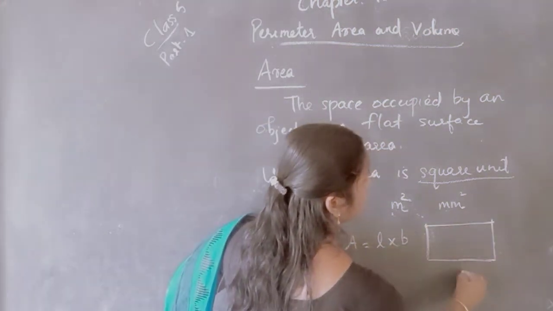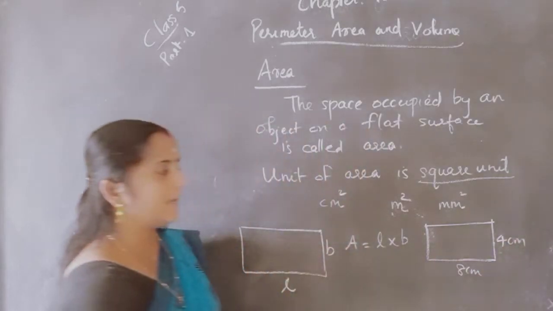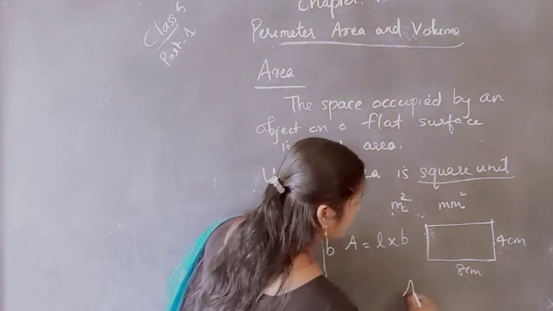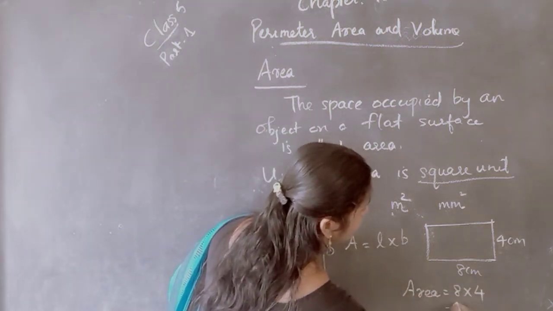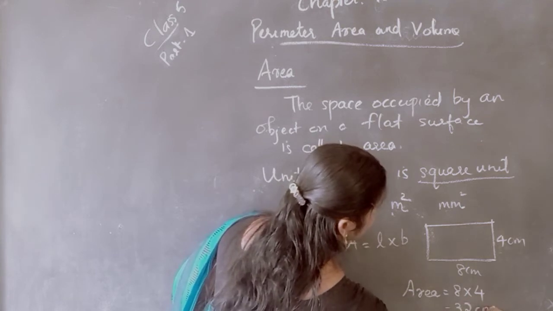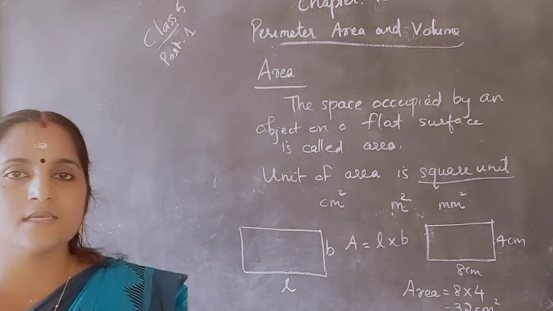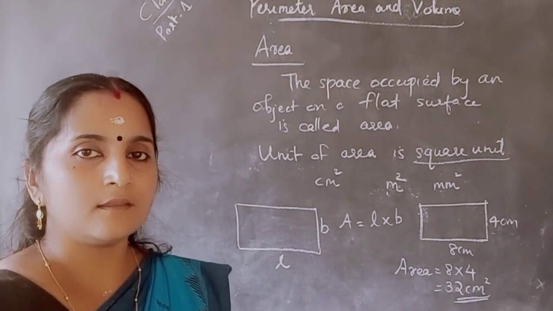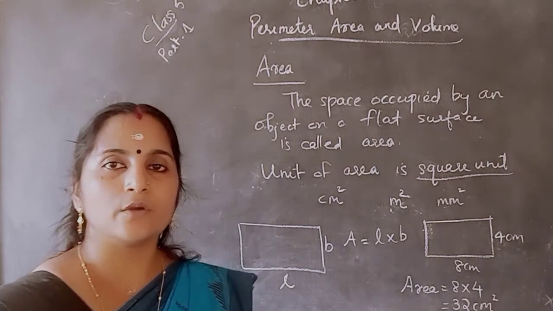Suppose it is a rectangle whose measures are given as 8 cm and 4 cm, then its area is equal to 8 into 4. 8 fours are 32, and the measures are given in centimeter, so you write the final answer as centimeter square. 32 centimeter square.